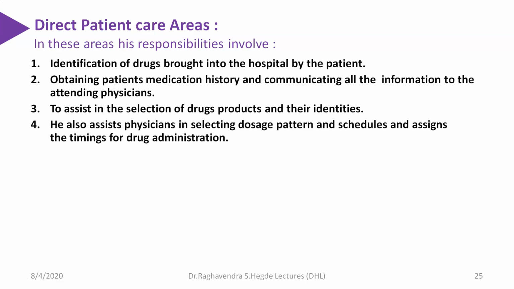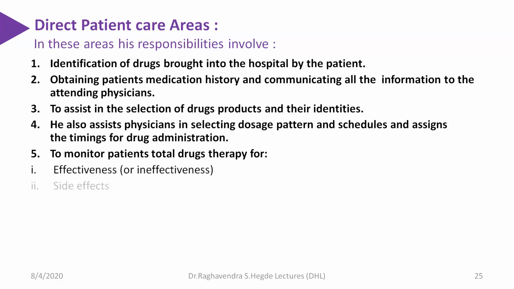He also assists physicians in selecting dosage pattern and schedules, assigns the timings for drug administration, and monitors the patient's total drug therapy for effectiveness, whether the drug is effective or not. Any side effects noticed, or any signs of toxicities experienced by the patient.